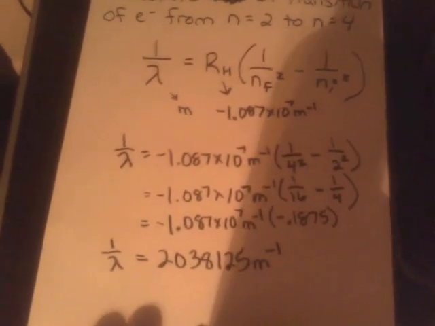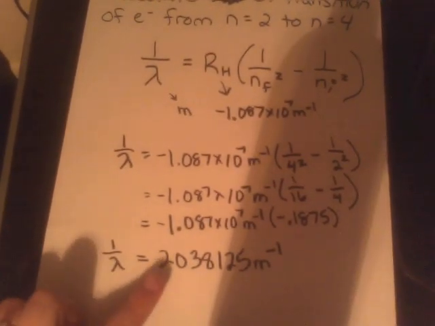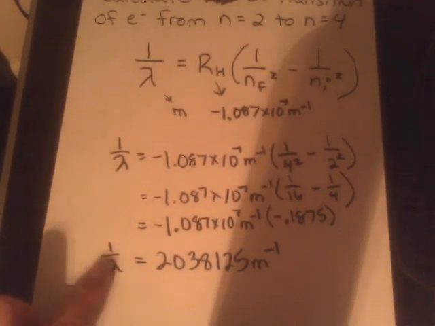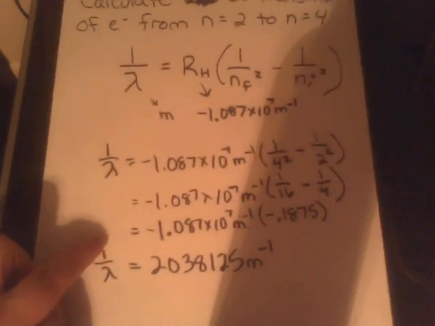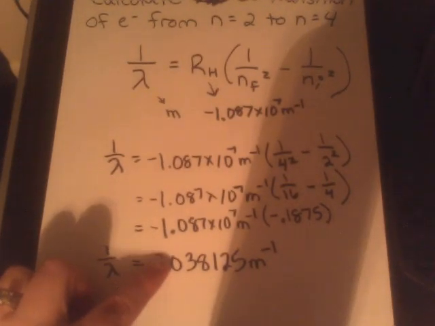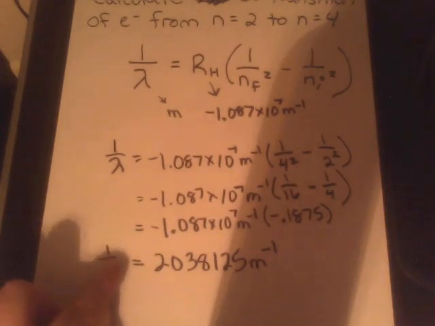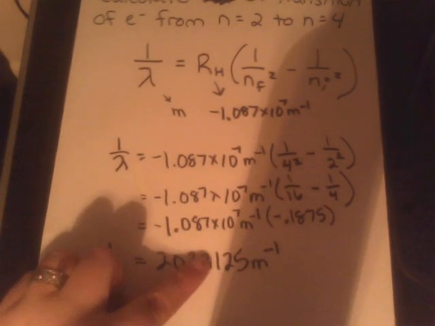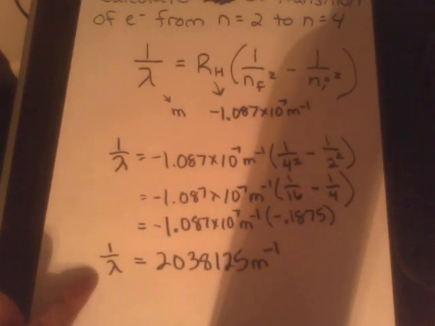I get people that give me this as the answer, and that is absolutely not correct. We need to solve for lambda. So how do we get lambda on the top? Well, you take this number and divide by 1, right? So 1 over that. If you visualize it, you'd multiply both sides by lambda, and then you have to divide by 2038.125.